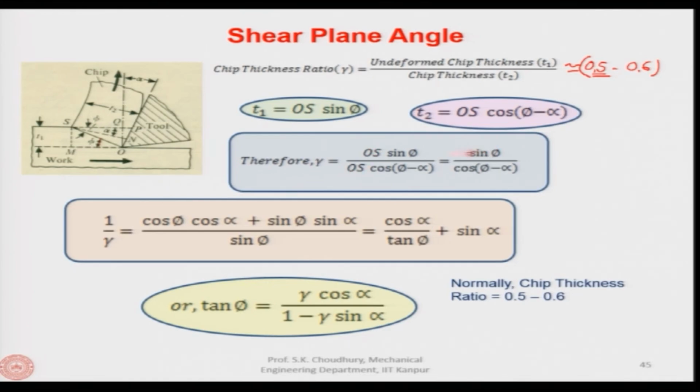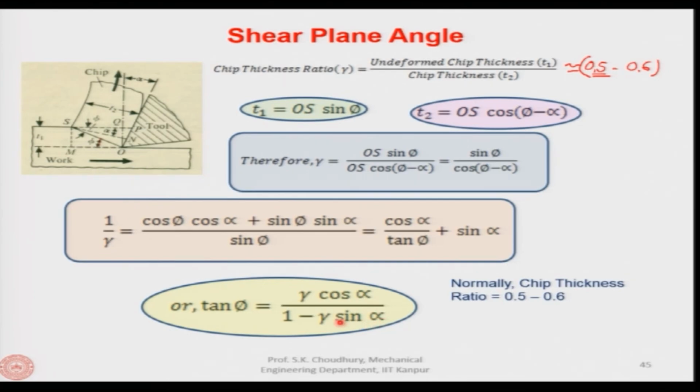OS is cancelling, sin phi by cos of phi minus alpha is remaining, and then we can find out that 1 by this chip thickness ratio, you can invert it, and from here you can find out that tan phi is equal to the chip thickness ratio times cos alpha divided by 1 minus the chip thickness ratio times sin alpha.